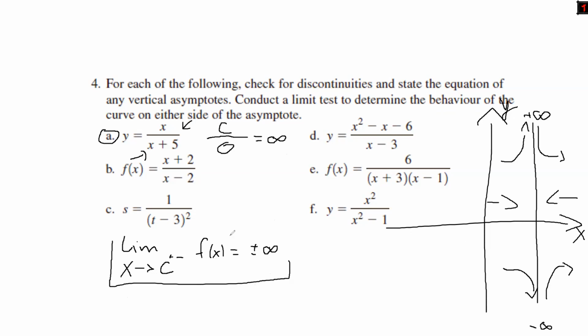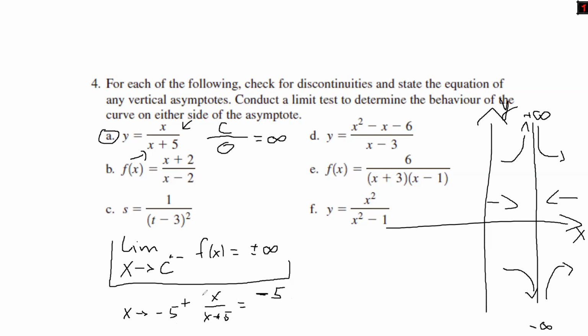So the first test is going to give us the limit when x travels to -5 from the left hand side. We would state this equation, and we're going to see that if we approach it from the left hand side, we're going to have a negative number on top, negative 5 explicitly.